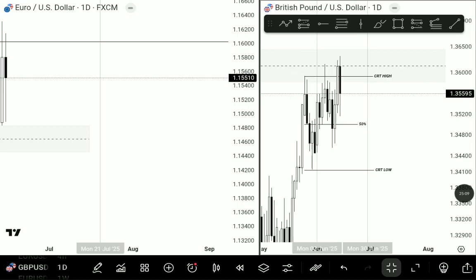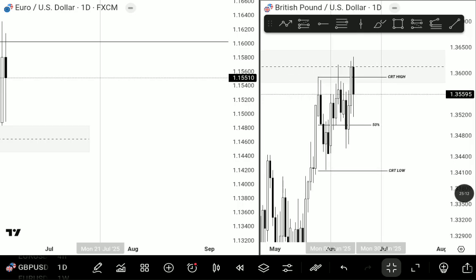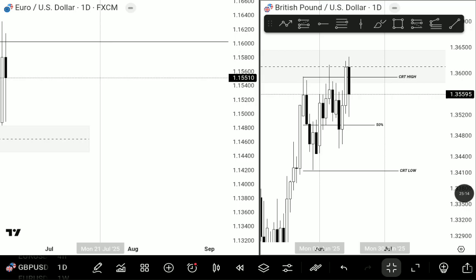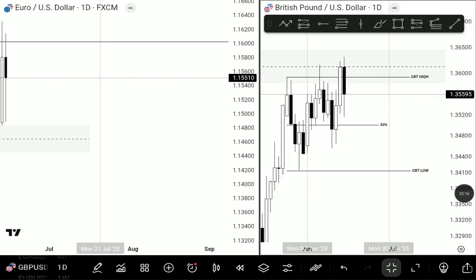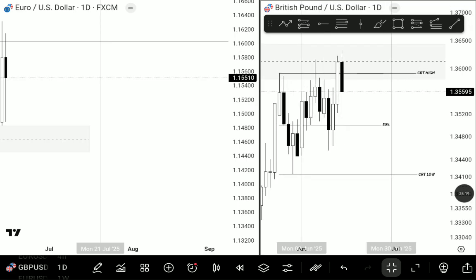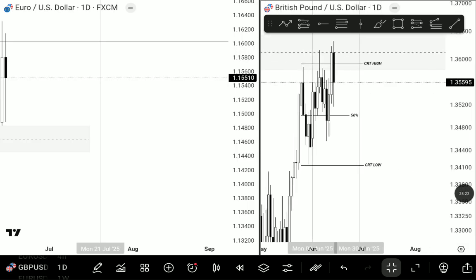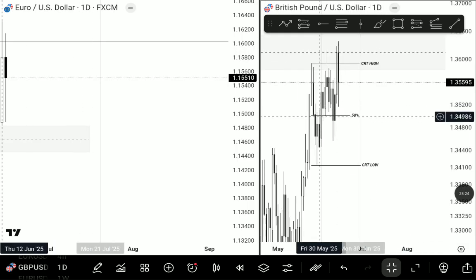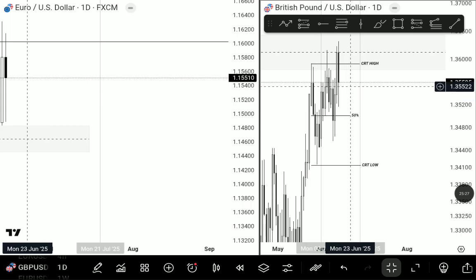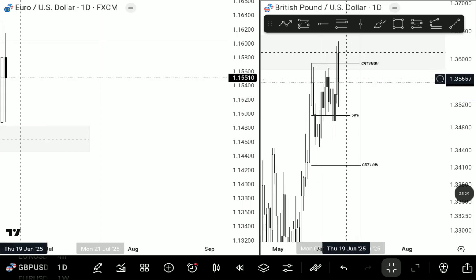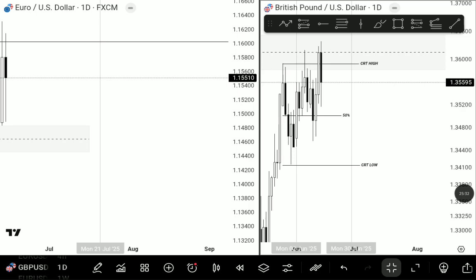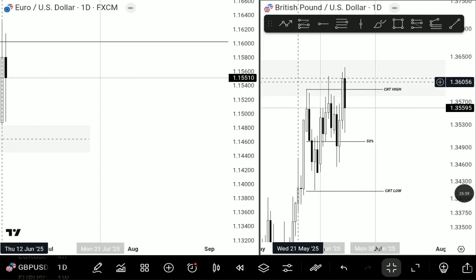You clearly see on the daily the 50% of the CRT being thrown off, and you can also see the three drives pattern, which is usually a formation created by price when it reaches a higher time frame key level, right?